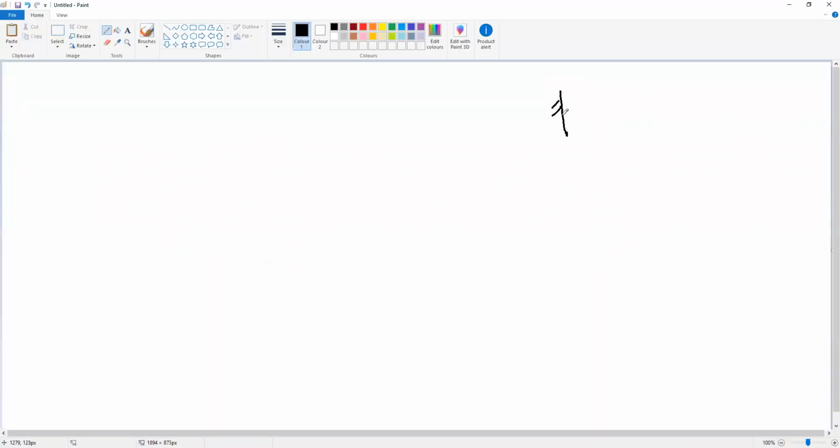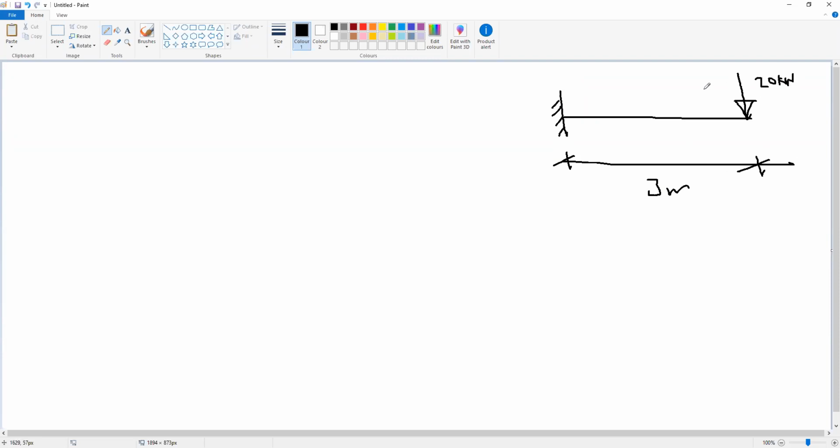We have a cantilever beam. The span is 3 meter, and we have a concentrated load B here of 20 kilonewton, and we have a uniform load here of 5 kilonewton per meter, and the cross section shape is similar, IB.